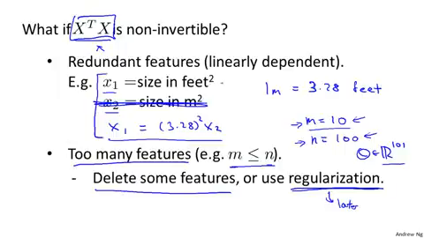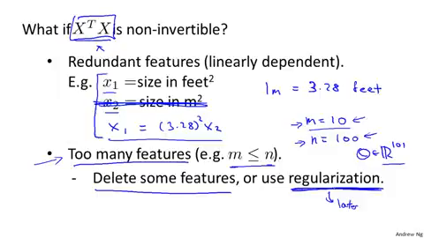So I would first check if any features are redundant, and keep deleting redundant features until they're no longer redundant. If your features are not redundant, I would check if I have too many features, and if so, I would either delete some features if I can bear to use fewer, or else consider using regularization, which we'll talk about later.